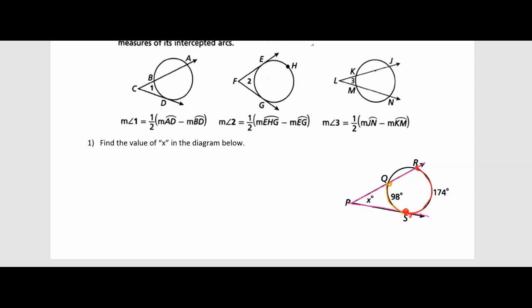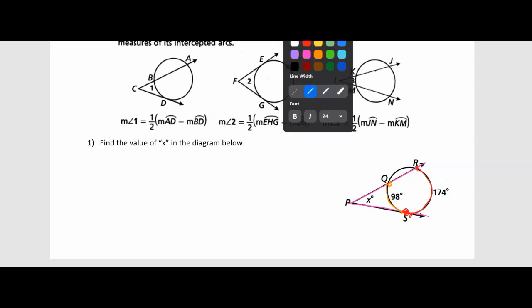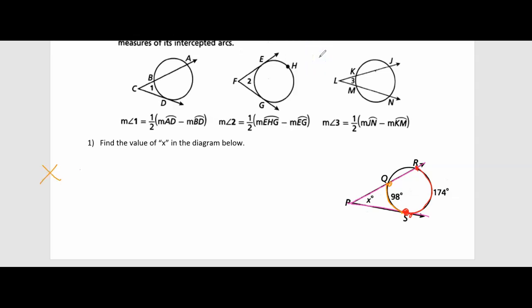You have to factor in both. X is equal to 1/2 the difference, and we're going to take the larger one minus the small, right? Otherwise we get a negative angle, which doesn't really make sense here. So 174 minus 98. X is equal to 1/2 times 76. X is equal to 38 degrees.